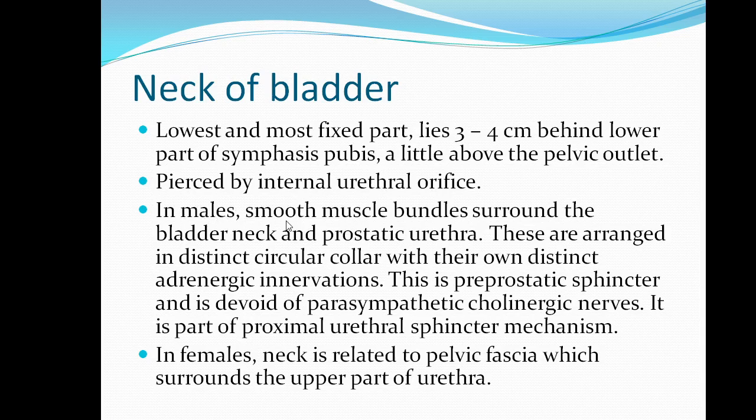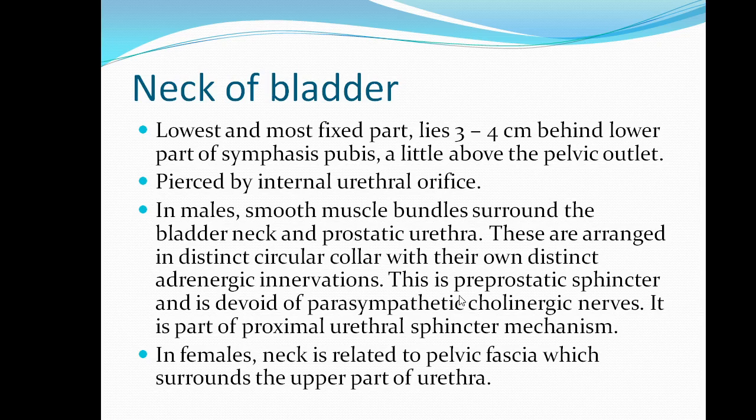In males, smooth muscle bundles surround the bladder neck and prostatic urethra. These muscle fibers are arranged in a distinct circular collar with their own distinct adrenergic innervation.